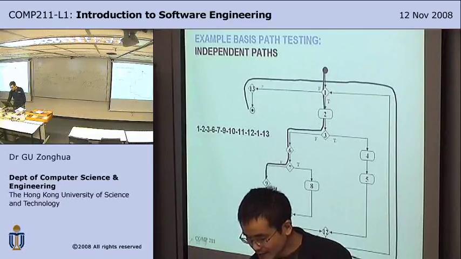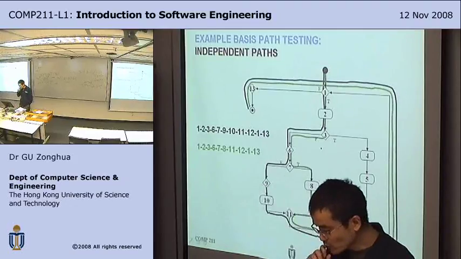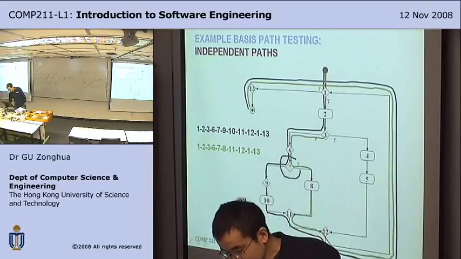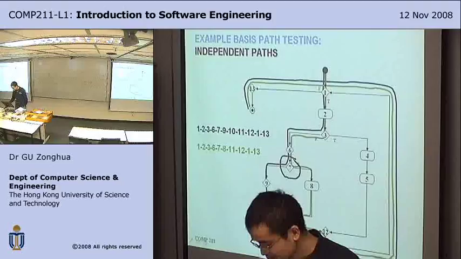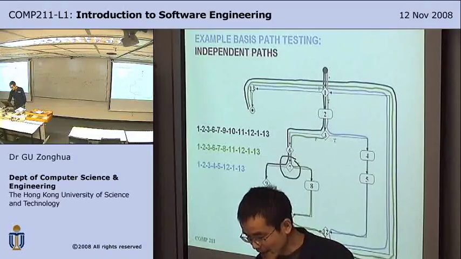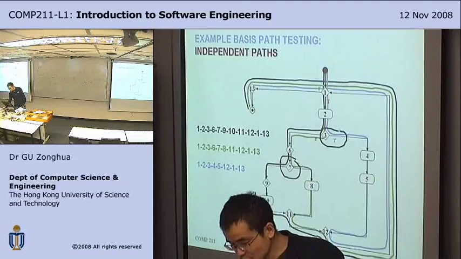You follow until the end. This is another one, the green part, where node 7 takes the true branch. And this is another one, the blue path, where node 3 takes the true branch.